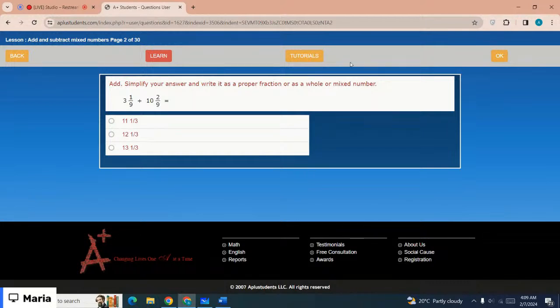That is 13 whole 3 over 9, and you can divide them by the common factor 3. So that is 13 whole 1 over 3. The last one is the correct option.